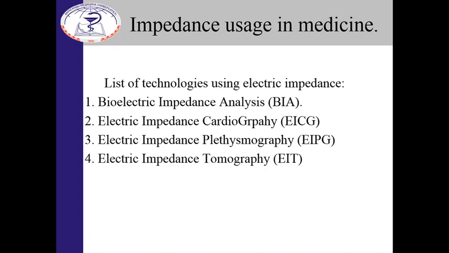Physically, all of them are the same. We take an ohm meter and we measure the impedance of the human body or its part or a particular organ. These measurements are done in a slightly different way, but again there is one common thing: we use definitely alternating current.